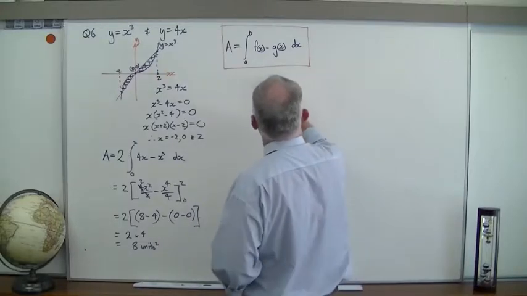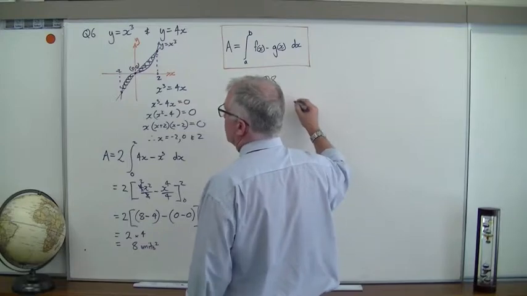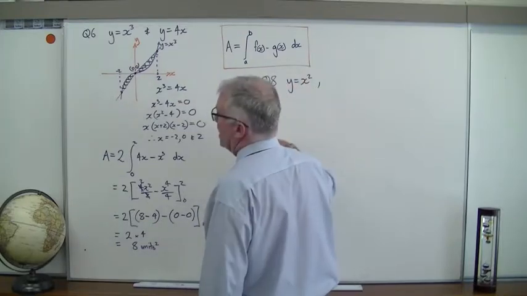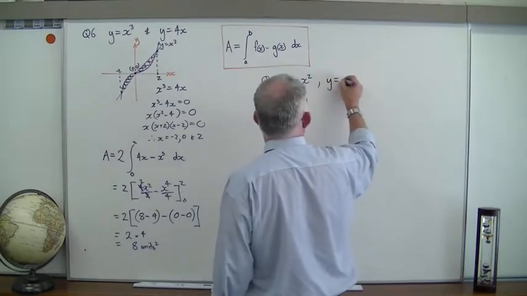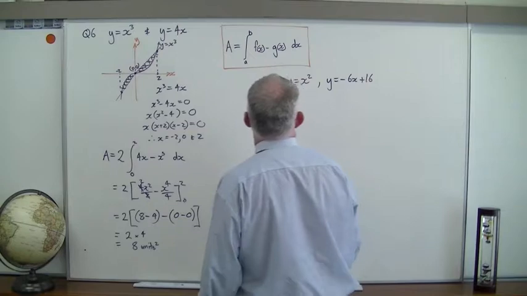Question 8, we're given the functions y equals x squared, a nice simple parabola, and the function y equals minus 6x plus 16.